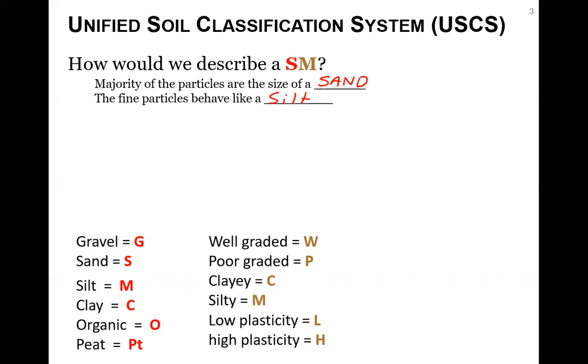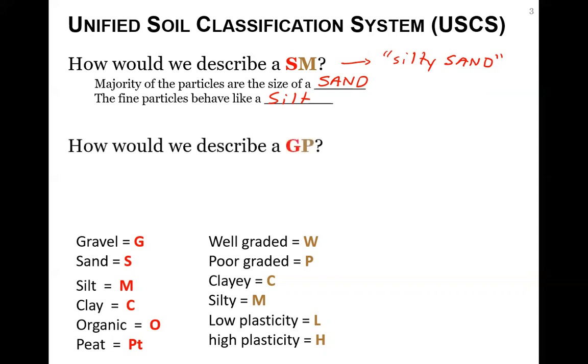So that's physically what we should think of when we see a soil that is an SM, which is a silty sand. So the majority is sand, but the particles that are fine behave like a silt.